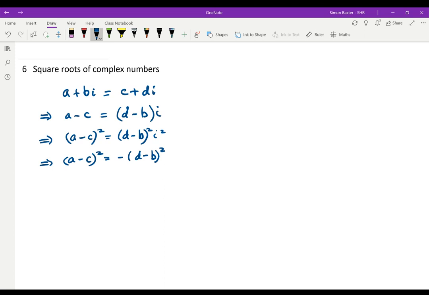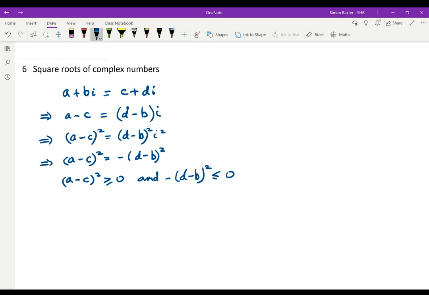Well, a, b, c, and d are all real numbers. So we know that (a minus c) squared is the square of a real number, so it has to be greater than or equal to 0. And we also know that (d minus b) all squared has to be greater than or equal to 0. So minus (d minus b) all squared has to be less than or equal to 0.